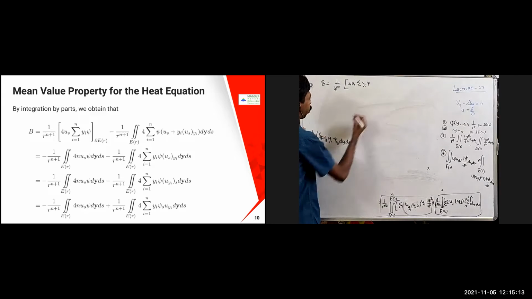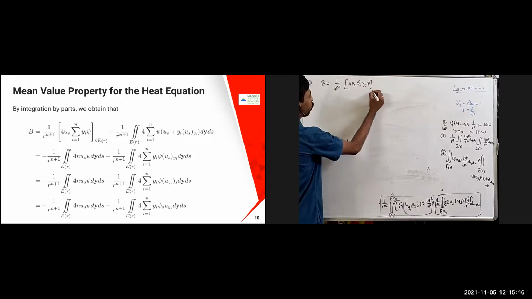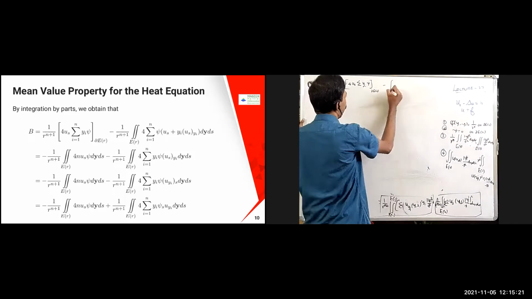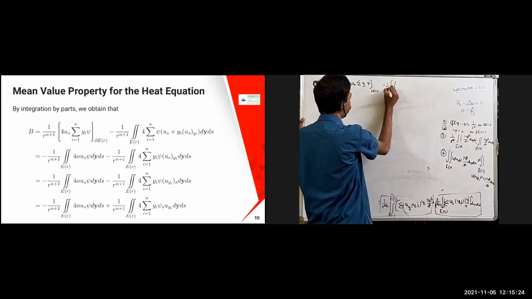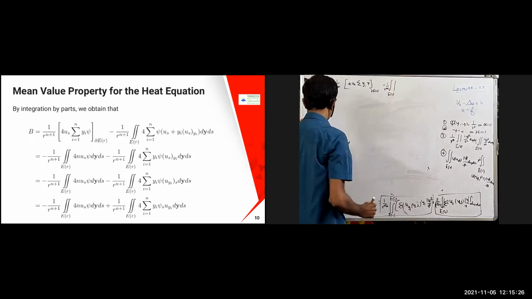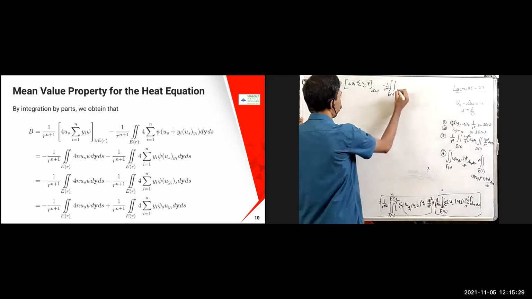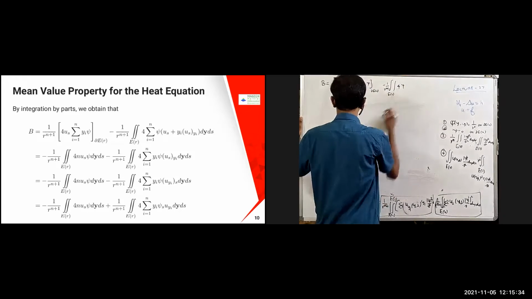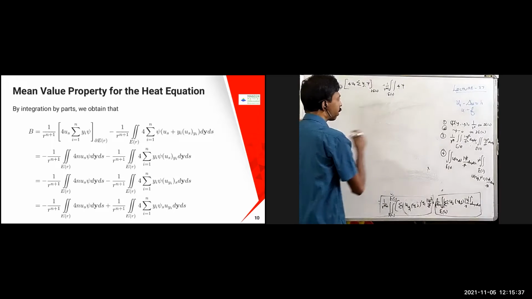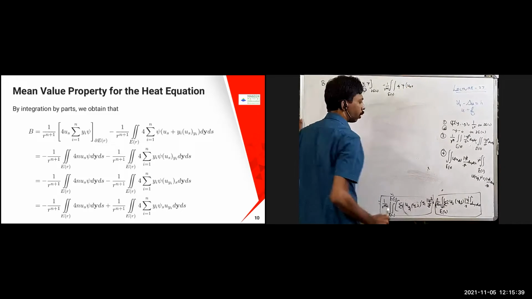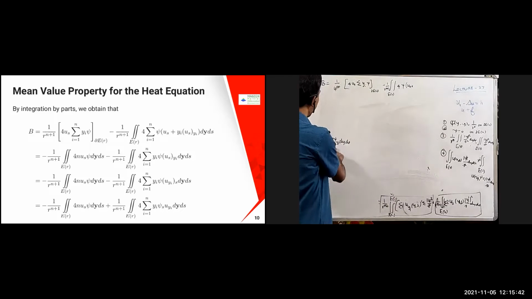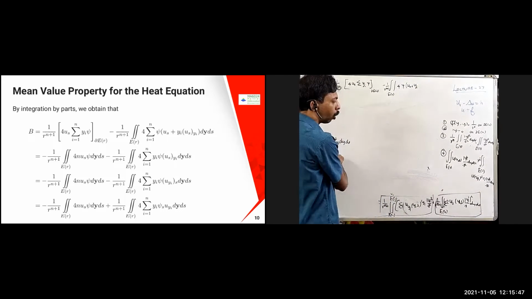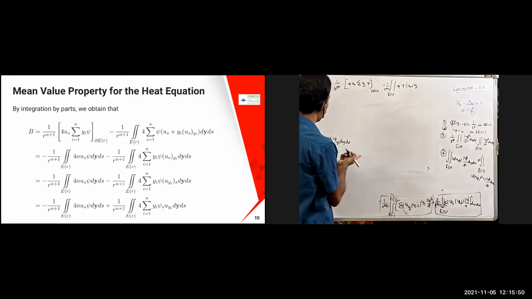Therefore you are going to get the uv formula over the boundary, dou er, minus again 1 by r power n plus 1 integral over er. What you are going to get is psi into us plus yi into psi yi, so you have to change that one.